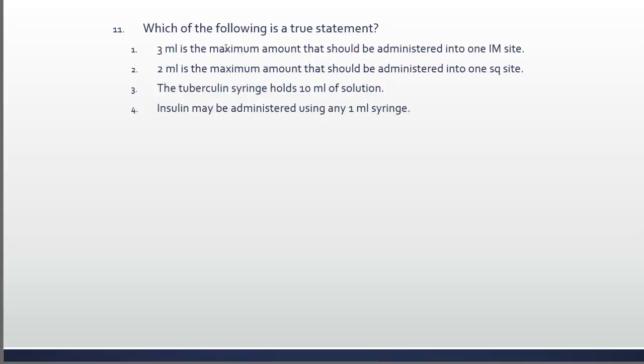Which of the following is true? Now, these questions are kind of hard, but what we realize is that all of these are false except for 1. So that means you need to know information about administering drugs.